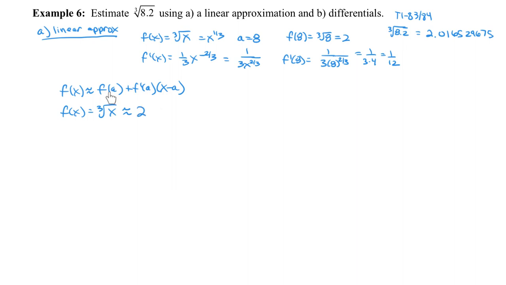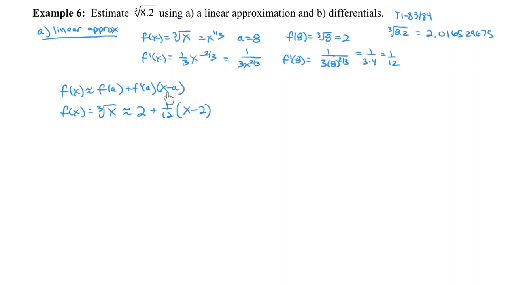Our a is 8, so f of 8 is 2. Then plus f prime of a, which in our case is f prime of 8, that's 1/12. So we go plus 1/12 times (x minus a). Now I'm going to make a mistake right here. It happens all the time, and it makes our answer wrong. So what is it about this that's definitely wrong?